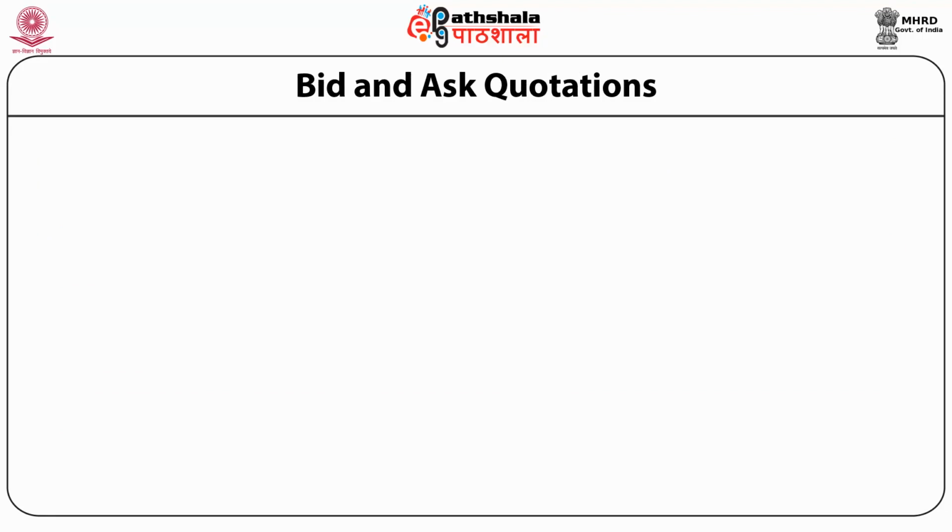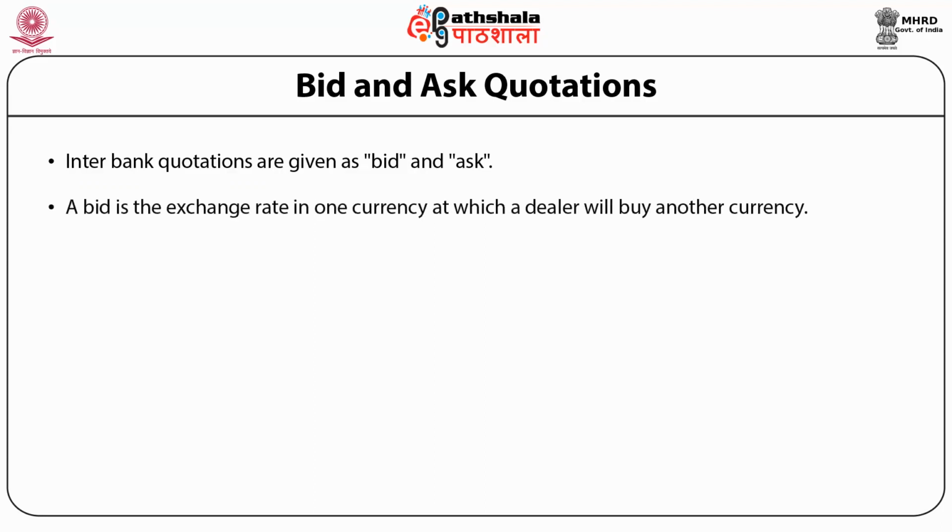Bid and ask quotations. Interbank quotations are given as bid and ask. Now, what is a bid? Bid is the exchange rate in one currency at which a dealer will buy another currency. And what is ask? Ask is the exchange rate at which a dealer will sell the other currency.